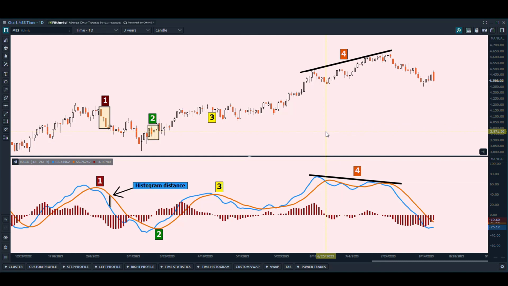As I mentioned, this is the Moving Average Convergence Divergence indicator, and it's really just three main things. It's the MACD line, it's the signal line, and it's the histogram, which is tied to the MACD and the signal line. The MACD line is essentially just the 12-period EMA minus the 26-period EMA, and then the signal line is just the 9-day EMA of the MACD.